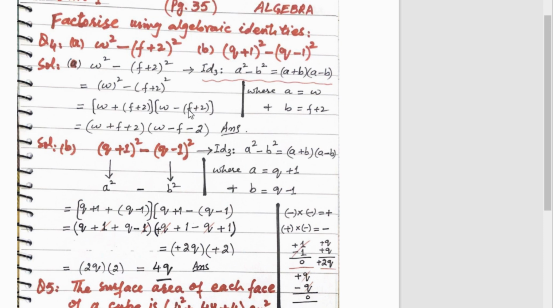Now f is also a plus term, so all terms inside the brackets have a plus sign, right? This minus will make them negative, so w minus f minus 2 will come out, because bracket means multiplication. So when we multiply plus and minus, we get minus. Again we multiply plus and minus, we get minus, right?